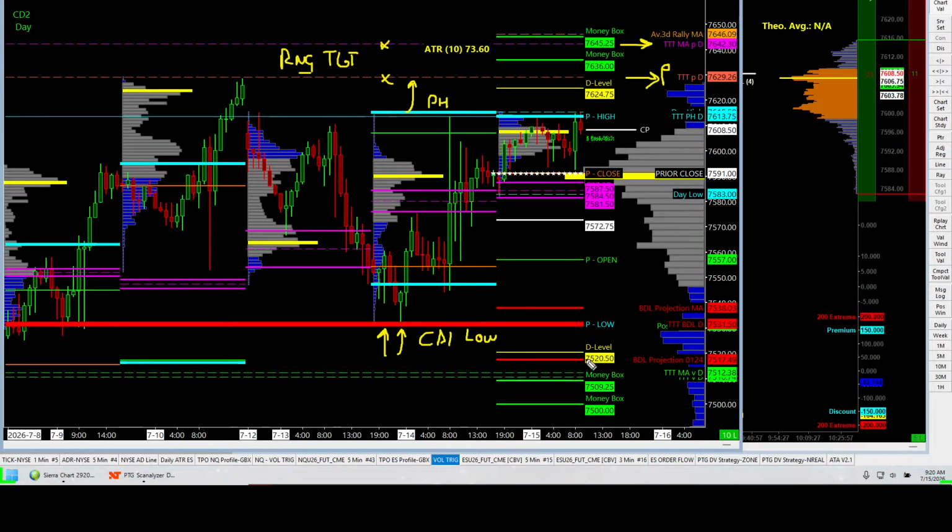And then vice versa to the downside, we have what are referred to as violation levels. Basically they're a similar calculation, but to the downside. So they're range targets should the price violate the prior session's low.